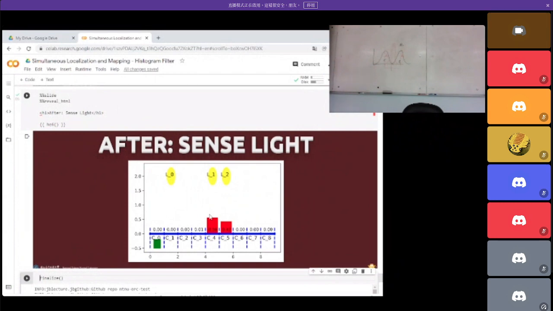Now, because the spread I used is pretty high, what would it take to actually be more than 90% sure that we're in any particular cell? How would we be able to achieve that?